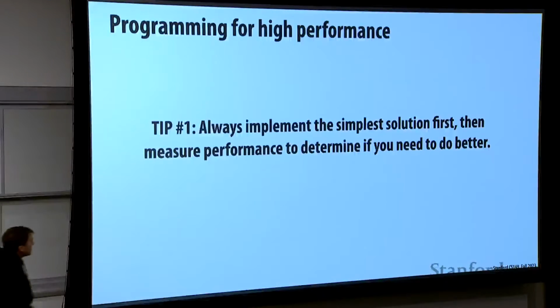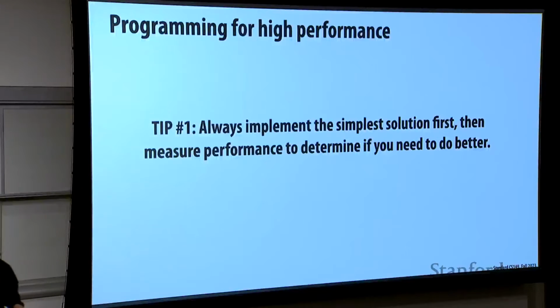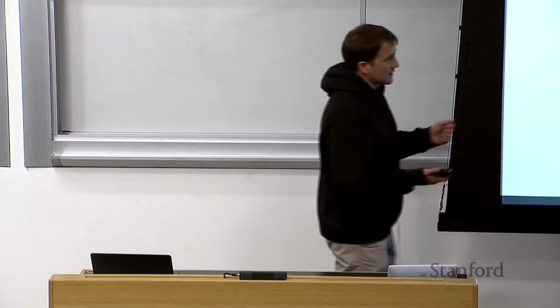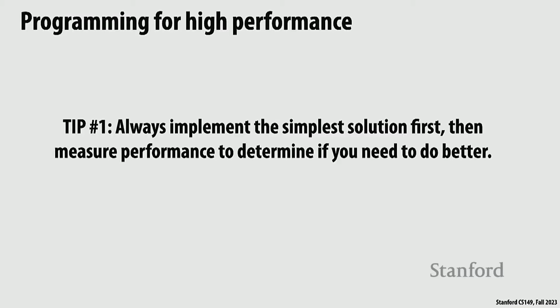My first disclaimer before we get into any of the work this week, and even next week: we're going to now start telling you about strategies for scheduling programs efficiently. And I cannot overemphasize, and case 1 being your assignments, and in particular this is going to be true in assignment 3, people go, oh, I heard about all these complex ideas in lecture. I'm going to think about the problem that they give me on my programming assignments, and I'm going to figure out how to apply some of the more advanced techniques.